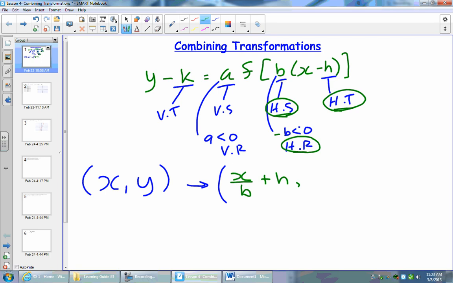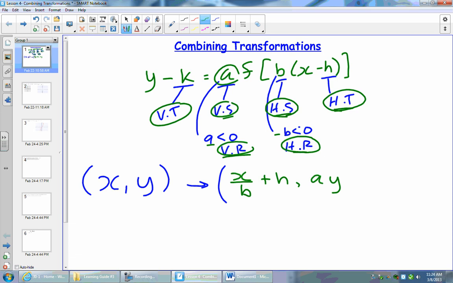Now let's take a look at what happened to our y values. What transformations affected our y values? Well, we had a vertical stretch, a vertical reflection, and a vertical translation. Those are the transformations that affected only your y values. Looking at the vertical stretch, how did that affect your y values? Well, your a value was your vertical stretch factor, so all your y values were multiplied by your a value. And then, of course, if your a value was less than 0, we had a vertical reflection in the x-axis.